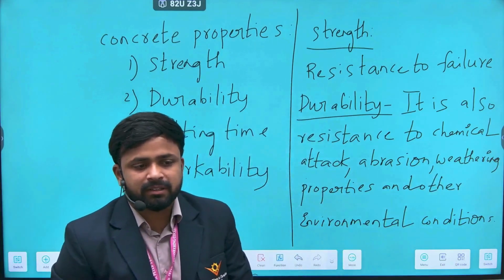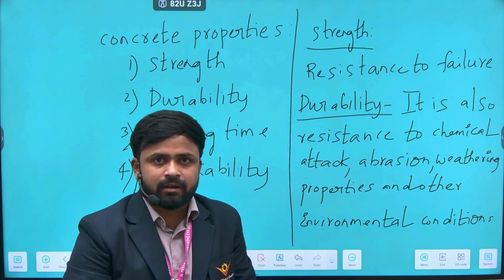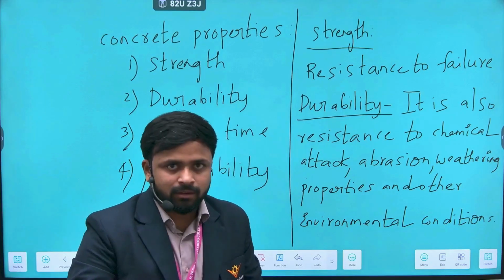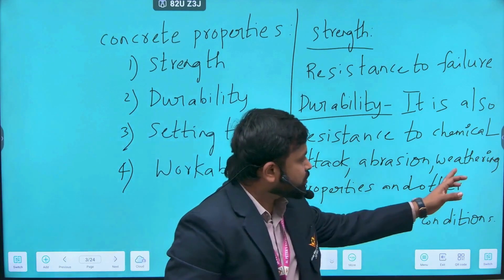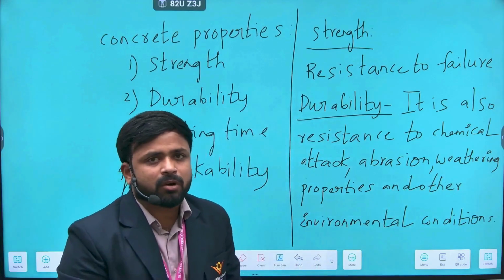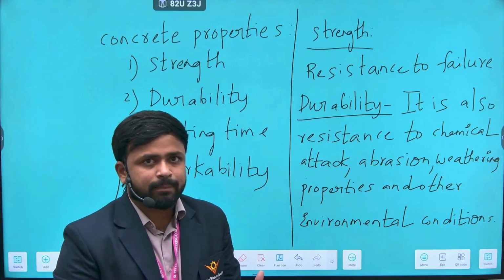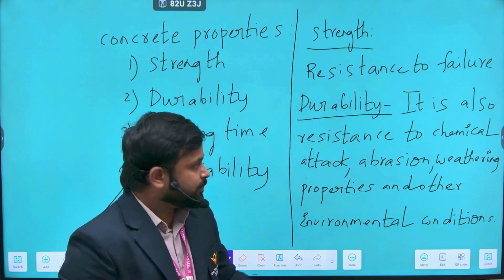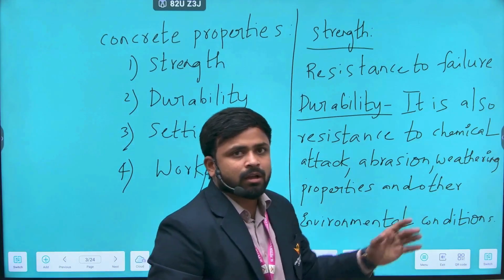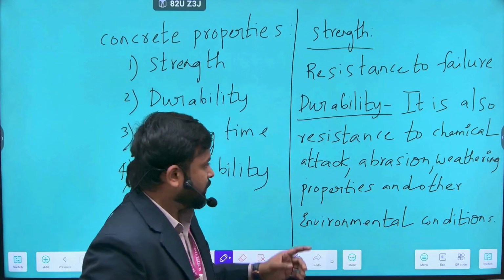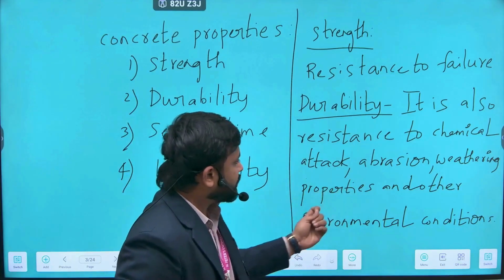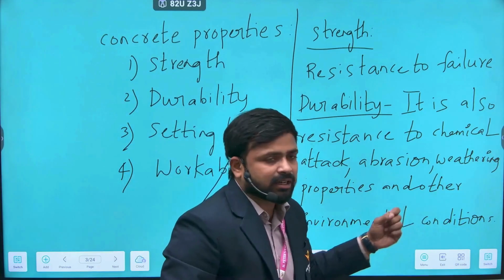Weathering is nothing but the removal of the layer from the surface due to any physical, chemical or biological process from the atmosphere. It can happen from anywhere. So due to weathering, concrete must not deteriorate.